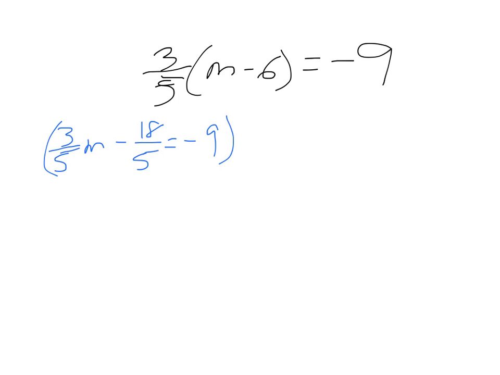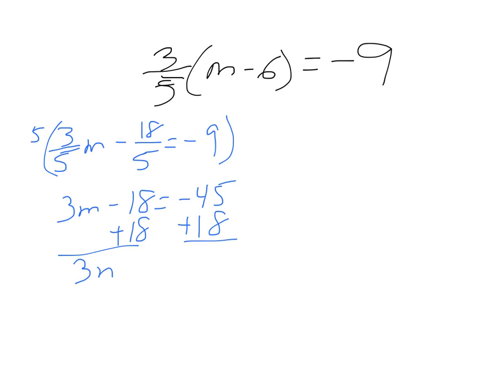Then you'd want to multiply by 5 to get 3m minus 18 equals negative 45. Add 18 to both sides, and I get 3m equals, let's see, negative 45 plus 18 is negative 27. Divide both sides by 3, and m will give me negative 9.